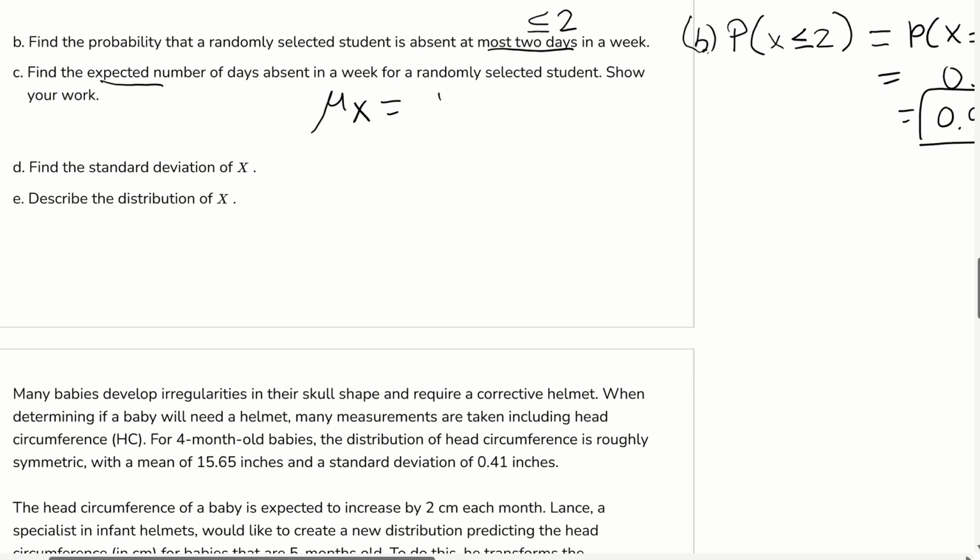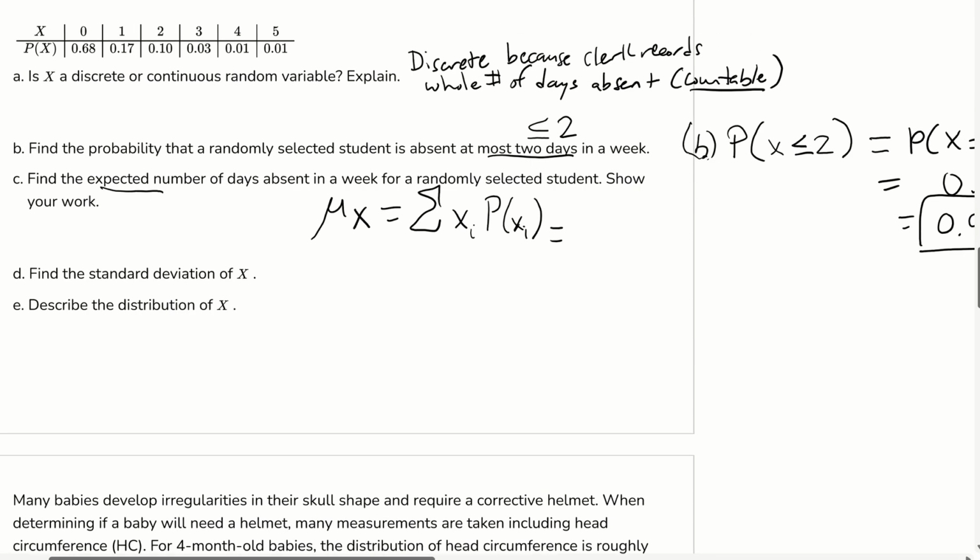So again, we're going to use the formula, the sum of the little x values times the probability of the little x values. So you take each of the values, 0 times its probability, 0.68, and you add them together, all the way to 5 times 0.01.